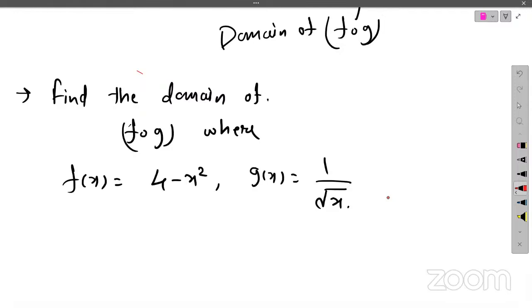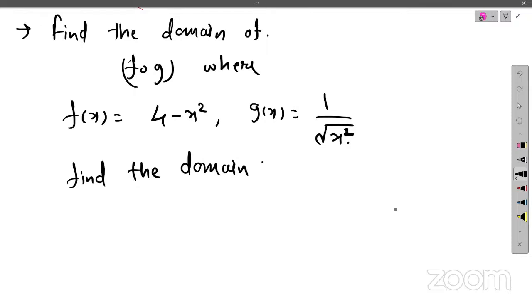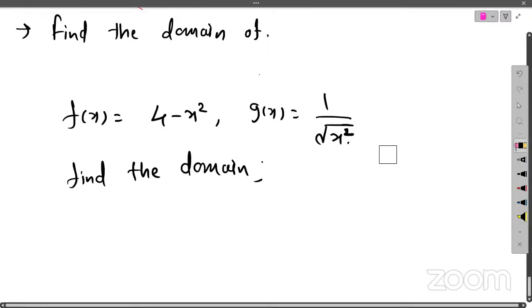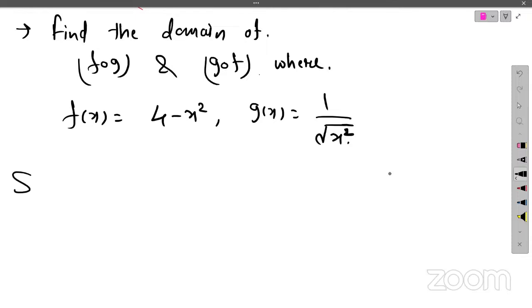Okay, suppose I modify it. Suppose you have square here too. Now you have to find the domain of both of the composite functions. Find the domain of f composite g and g composite f, where these are the functions. I'll give you 5 minutes and then we will discuss this.